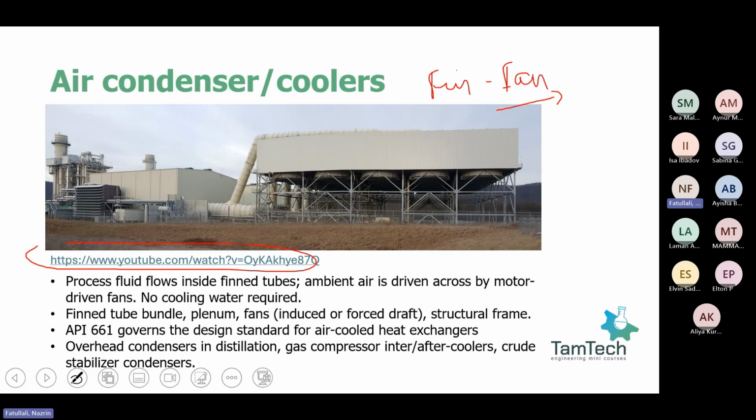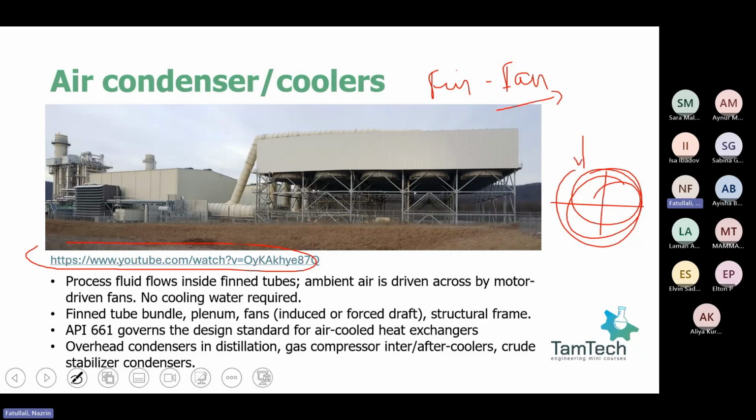It's used when you want to reject heat to the atmosphere without needing any cooling water. If you don't have any cooling water, or you don't want to lose your cooling water for these purposes, you can use ambient air. Here we have a spinning fan, and the process fluid goes inside the tubes, but the fans force ambient air across the outside.